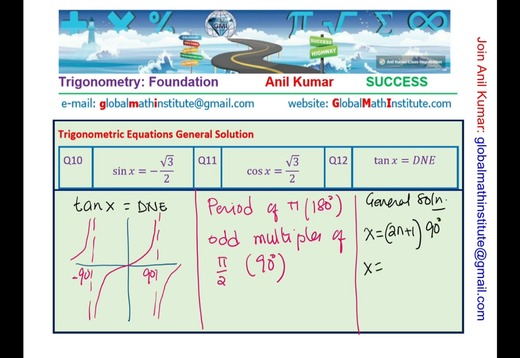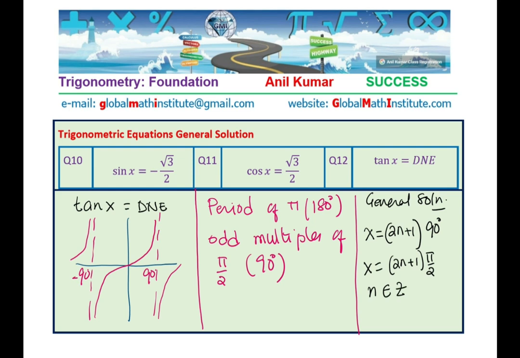If you're writing in radians, it is again 2n plus 1 of pi by 2, where n belongs to the set of integers. Makes sense. So that becomes a general solution for tan x not to exist, meaning a vertical asymptote as shown in the diagram. So 'does not exist' is not a very common term, but I just use it.